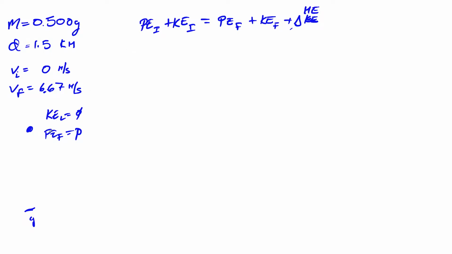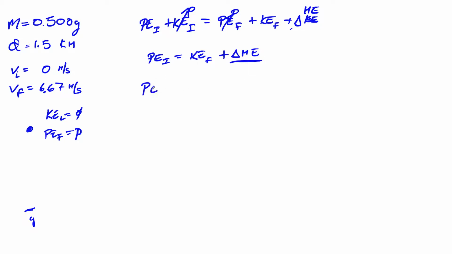We said that our initial kinetic energy is 0 because it's not moving initially, it's just sitting up there in the atmosphere. Finally, the potential energy is 0 because it's hitting the ground. So now potential energy initial is equal to our final kinetic energy plus the change in mechanical energy, which is what we're looking for. Let's move this over.